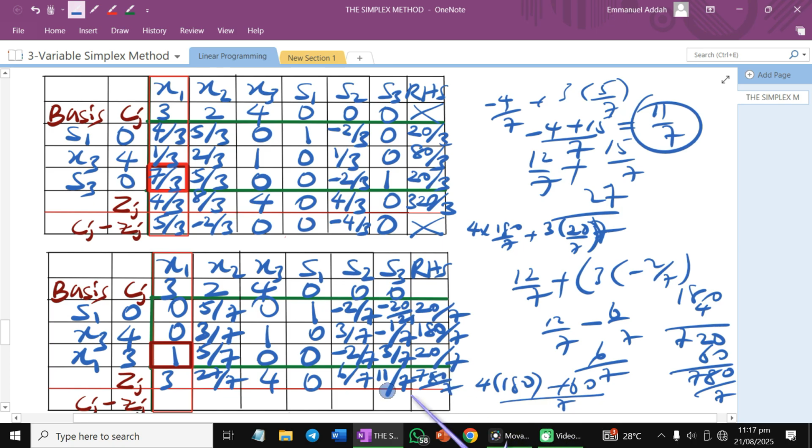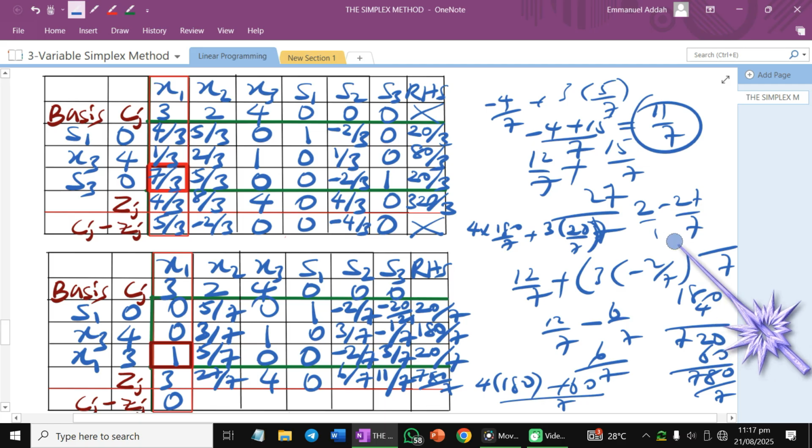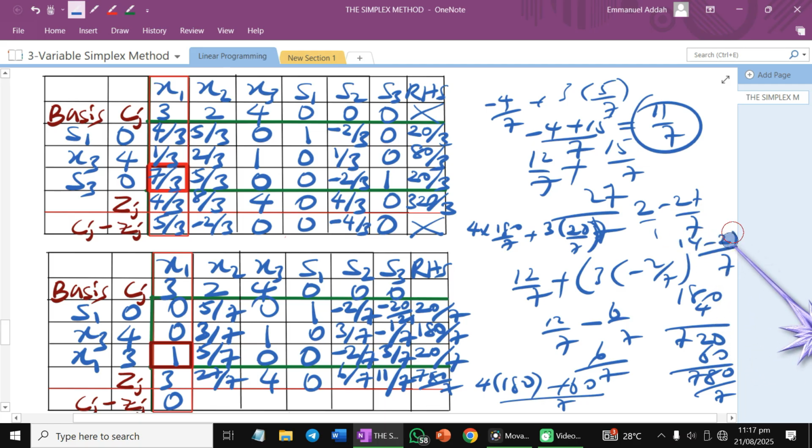So after that, we now need to subtract Cj minus Zj. 3 minus 3 is 0. Then 2 minus 27 over 7. That's 14 minus 27, which gives us minus 13 over 7.